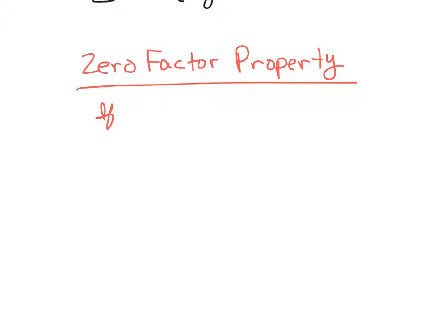If A times B is equal to 0, then one of two things has to be true. What do I mean? Yeah, one of them has to be 0.